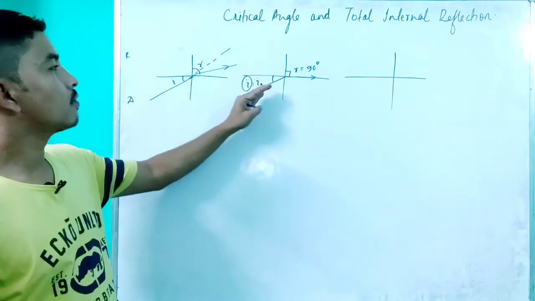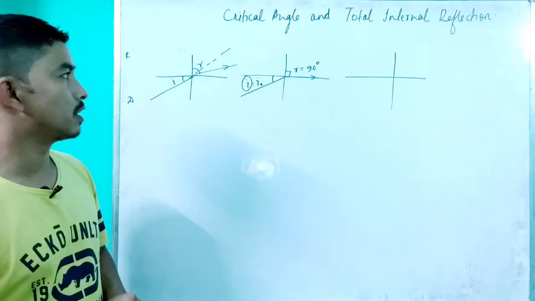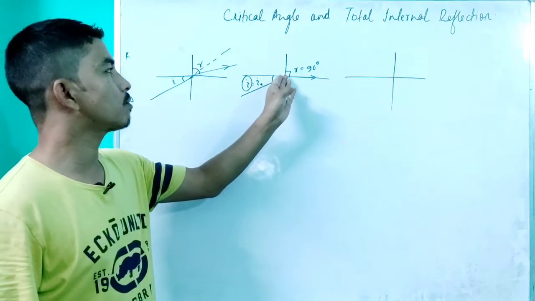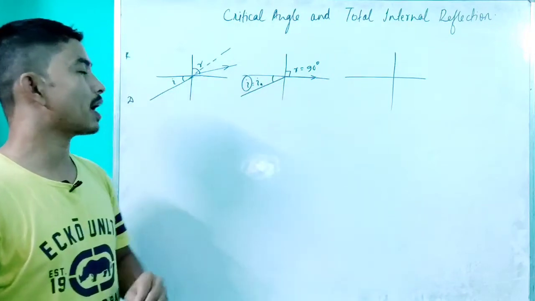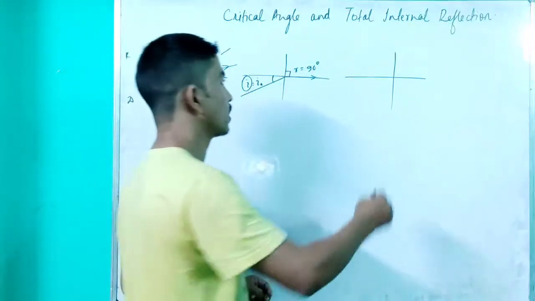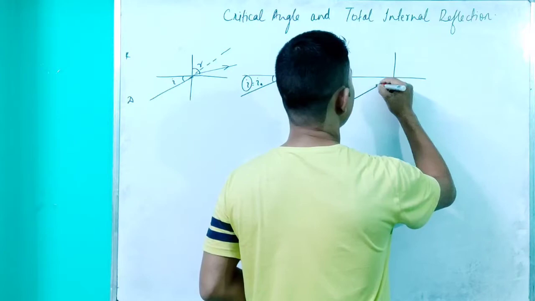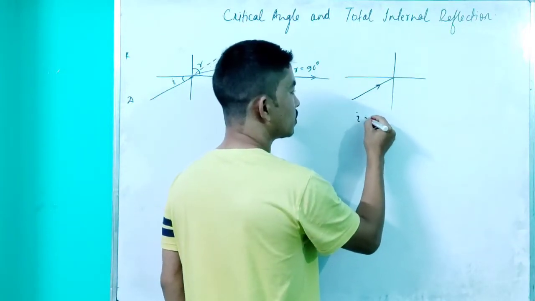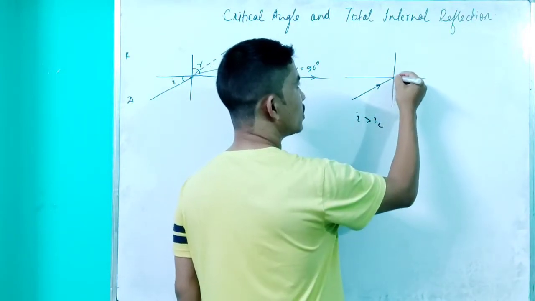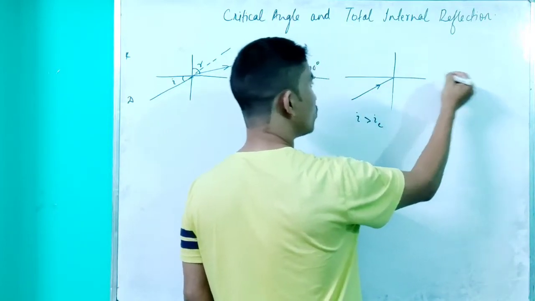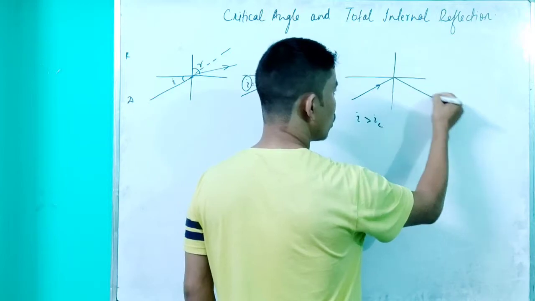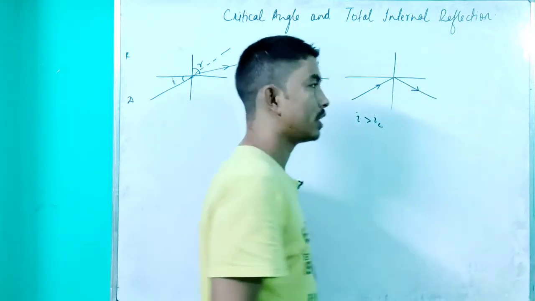Now if I further increase the angle of incidence, what happens? This ray, instead of passing into the other medium, will return back into the same medium, like in the third case here. In this case, the angle of incidence is greater than the critical angle ic. So instead of passing through the line separating the two media, the ray of light will be totally reflected back into the denser medium.